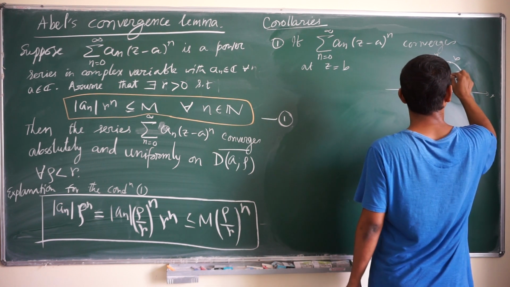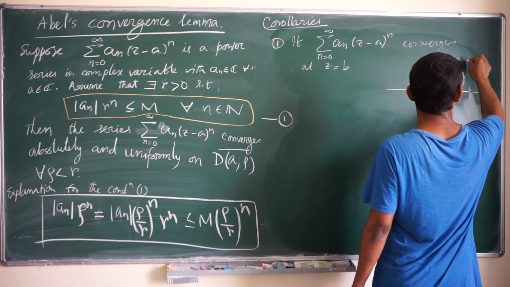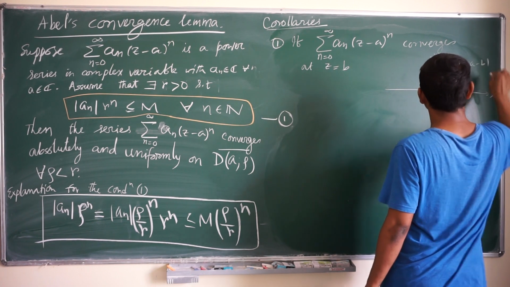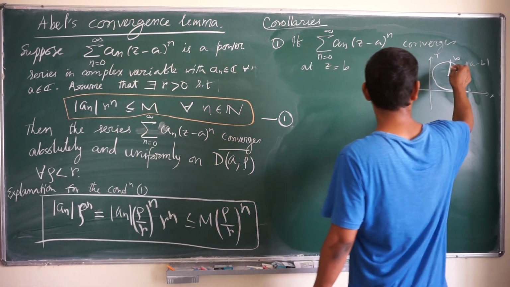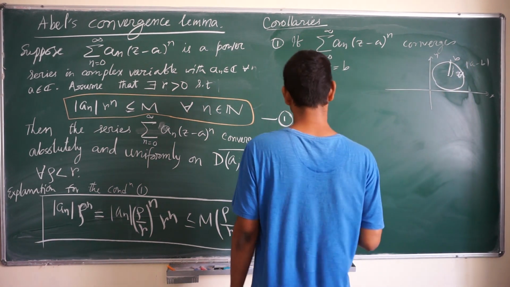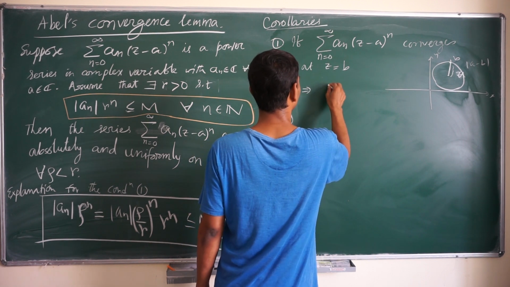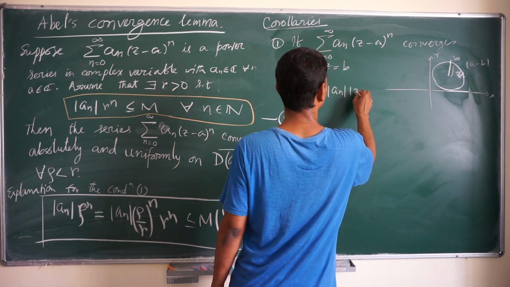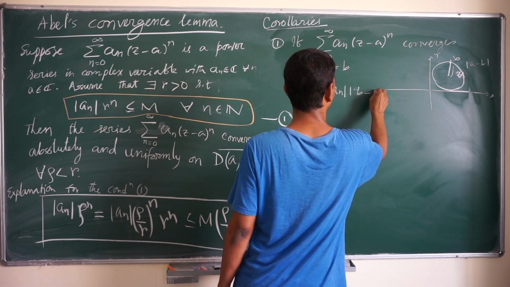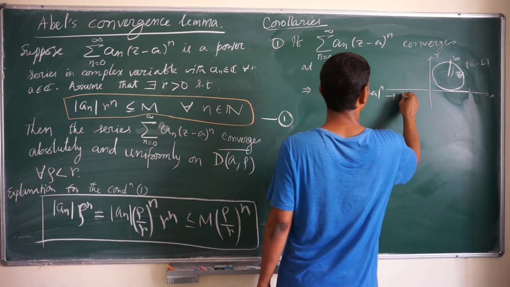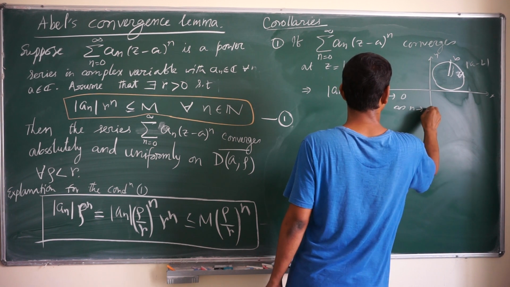You get a disk. So what is the distance? Mod of a minus b. Right? So it converges at b, this implies mod of a_n (b minus a)^n converges to 0 as n tends to infinity.